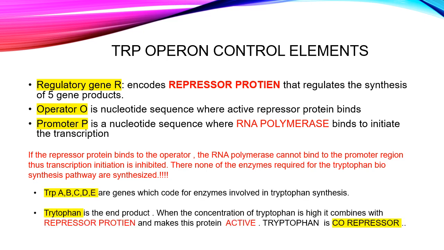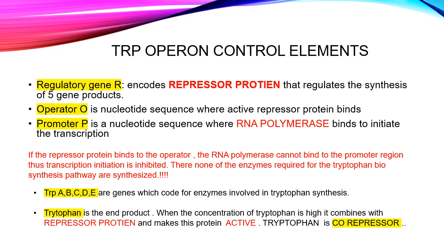So, as told earlier, trp A, B, C, D, E are the genes which code for the enzymes involved in the tryptophan biosynthesis. And tryptophan is the end product of this entire pathway. This tryptophan, when it combines with the repressor protein, makes the repressor protein active.